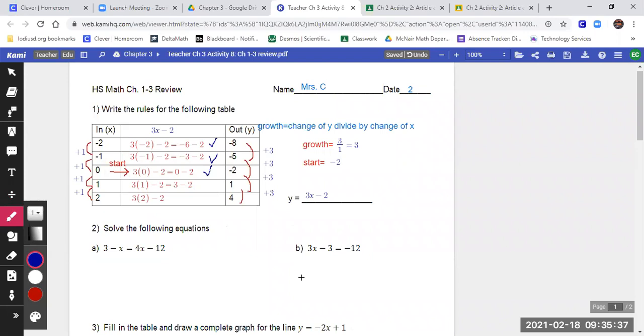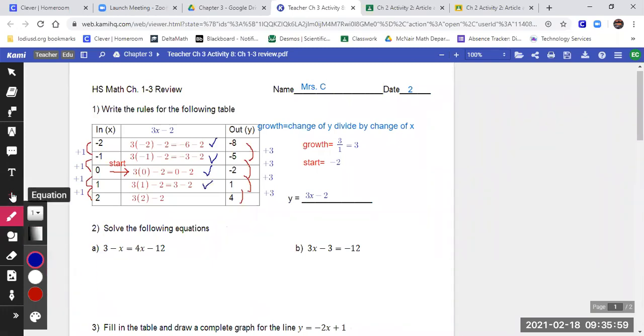Three take away 2. Did it check? Yes, it checks. Okay, good.